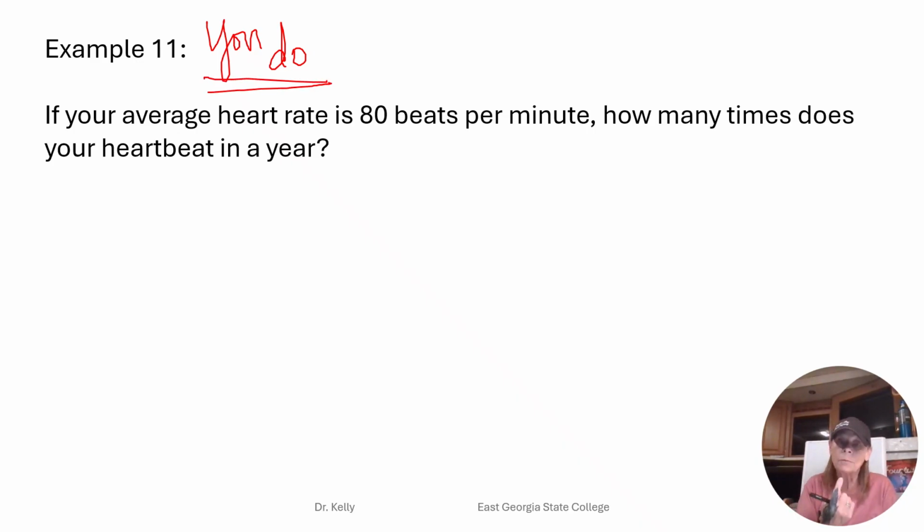You need to set up the original rate, determine what you need to convert to, what are we having to change, and then write down that conversion factor, and then work the problem, okay? I'm going to be quiet and write this down while you work on it, all right?